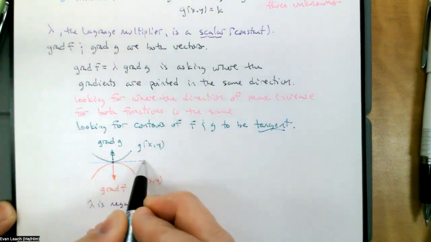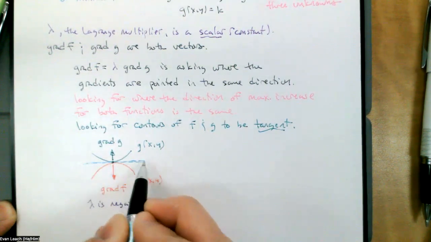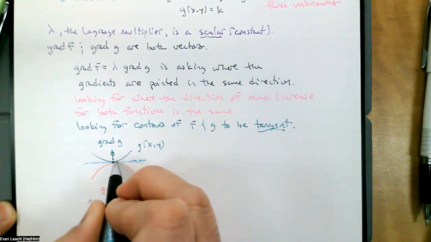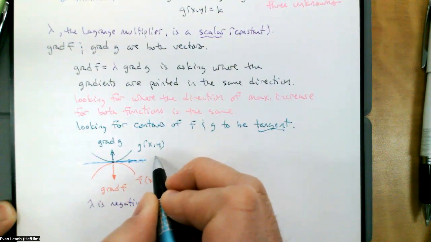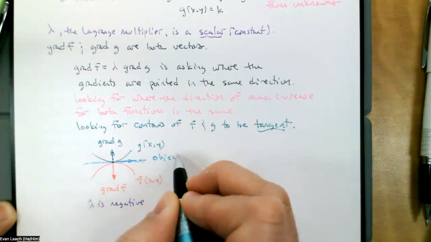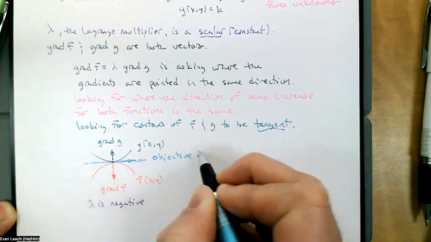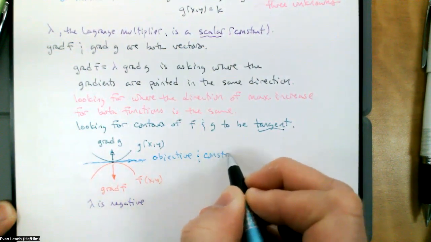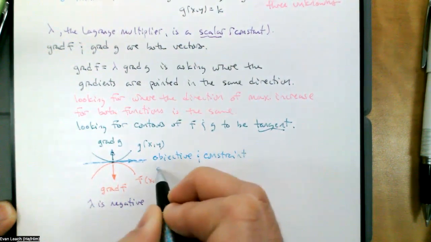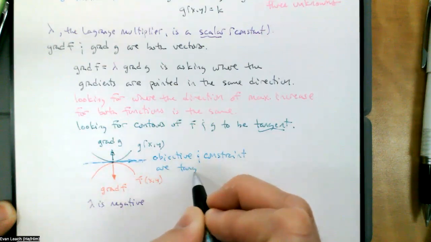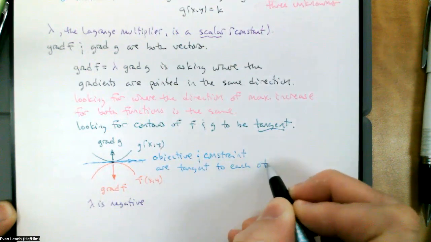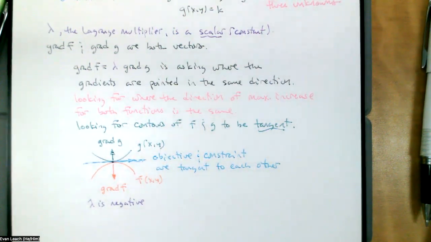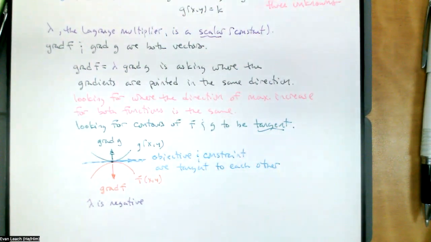So the two functions are tangent to each other. The objective and the constraint are tangents to each other.